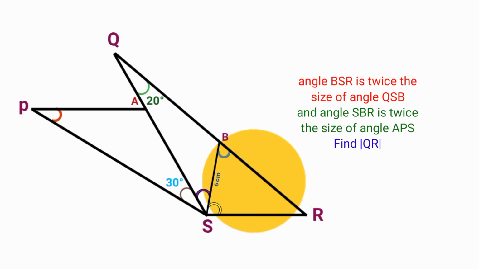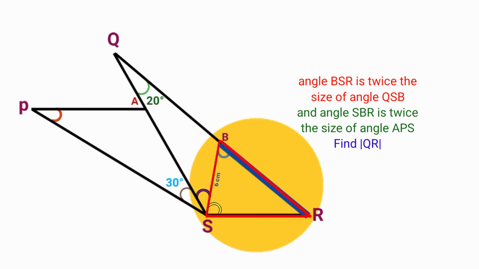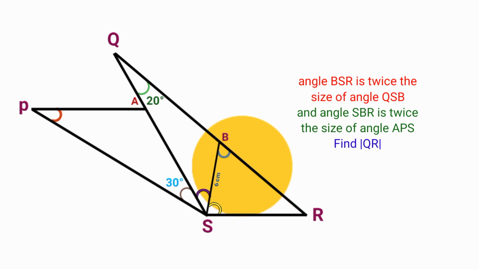Since we have the length of this line to be 6 centimeters, had it been we have the sizes of the required angles, we can use the sine rule to find the length of this line from this triangle, and also the length of this line from this triangle, and then add them up together so that we can have the length of line QR.